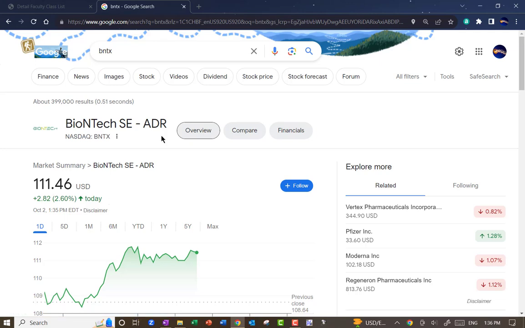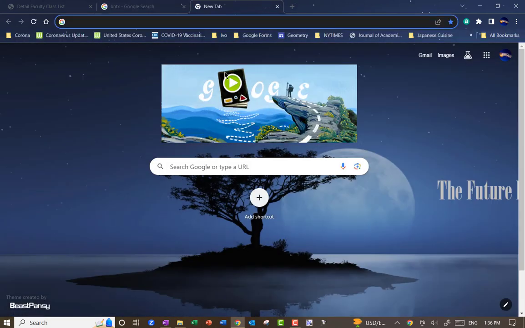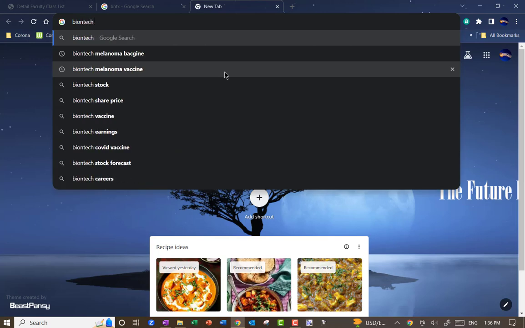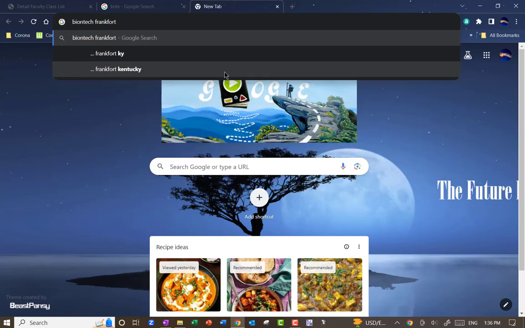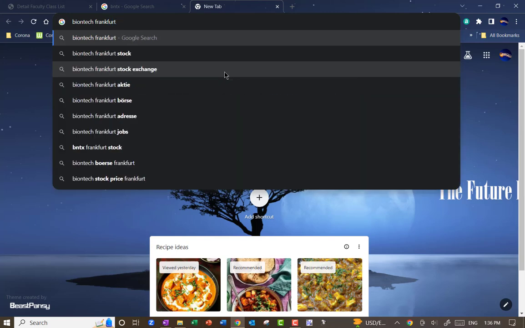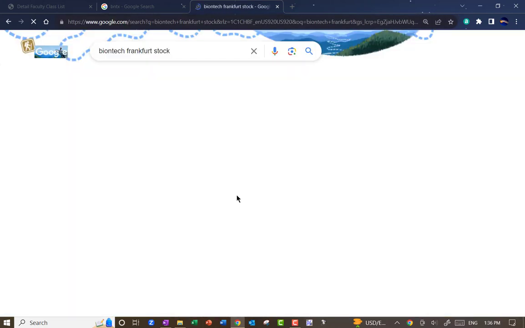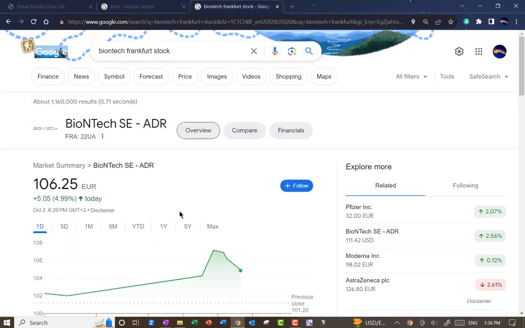It's trading at 111.46. Let's look at the BioNTech Frankfurt stock. It's trading at 106.25 euros. Since it's in Frankfurt, it's trading in euros.